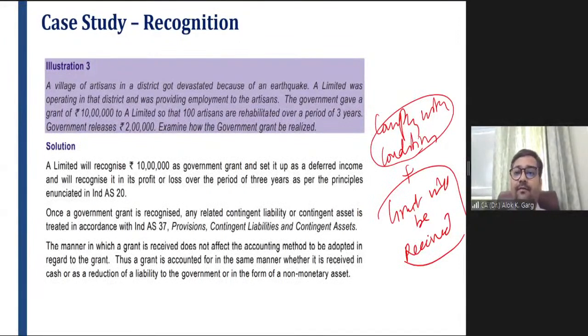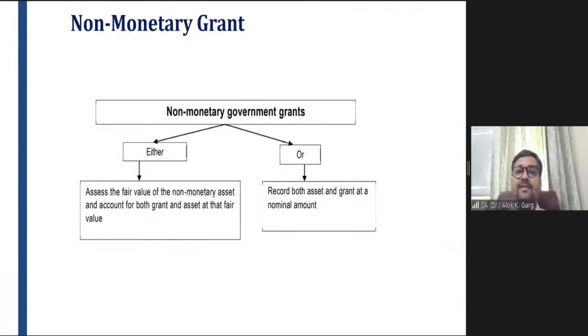So we have done 5-6 examples. We have done 3 case studies. So guys, now we need to discuss the concept of non-monetary grant. Sir, what is meant by non-monetary grant?